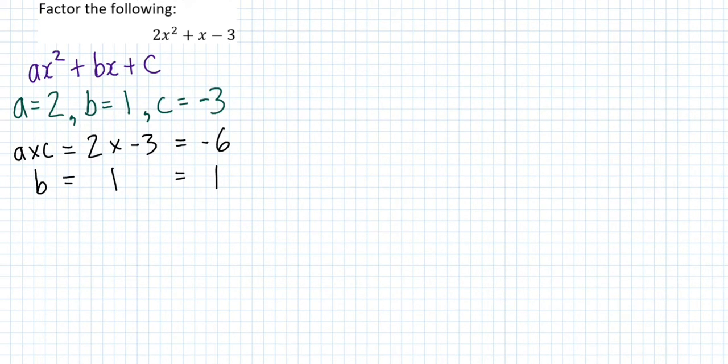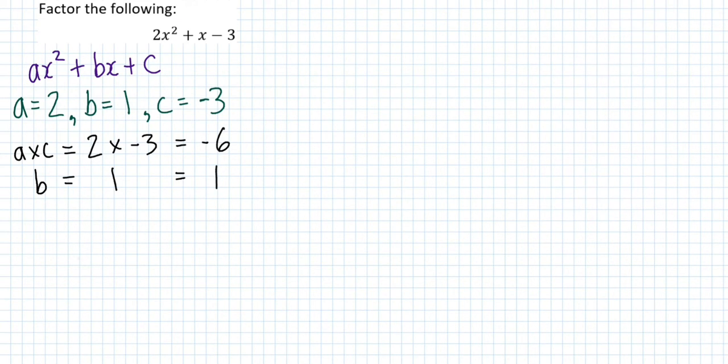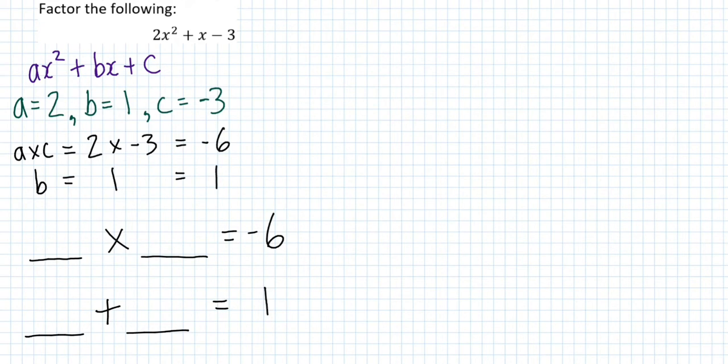So, we need to find two values that when multiplied together give us ac, which is negative 6, and when added together give us 1. And that'll help us elongate and expand the question on the next step.